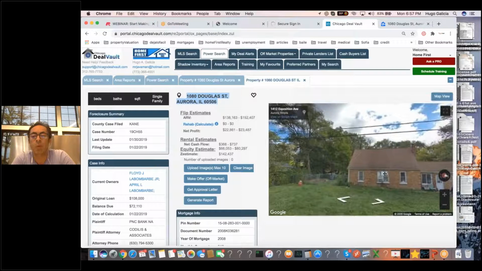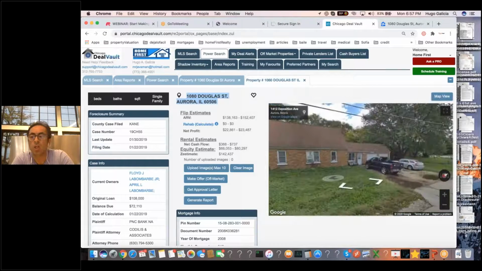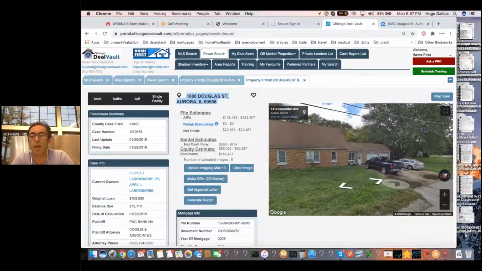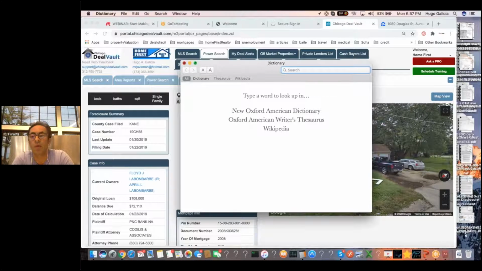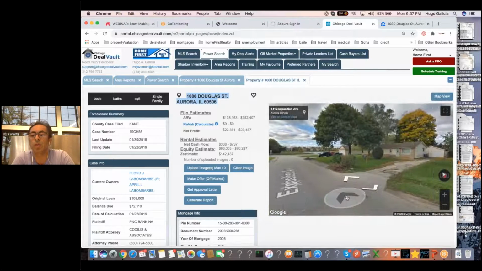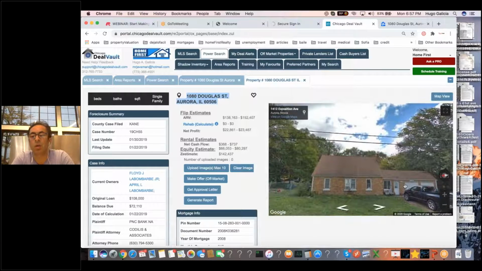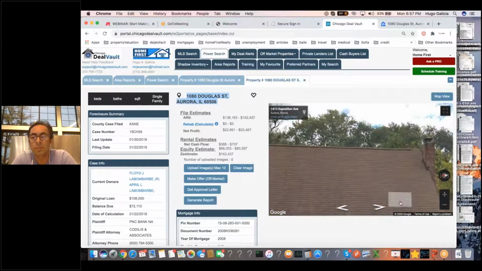Right now, when you look at the property from the outside, I like the fact that it's brick. Something to keep in mind is the driveway, okay? It doesn't have a driveway, but you obviously need to check what other properties have. But I like the fact that it's a 2-car attached garage, and the roof, let's zoom in.